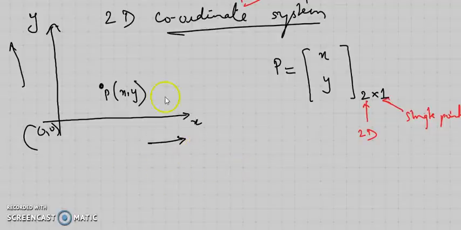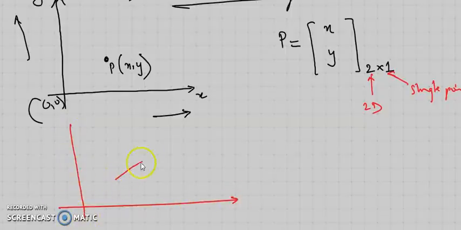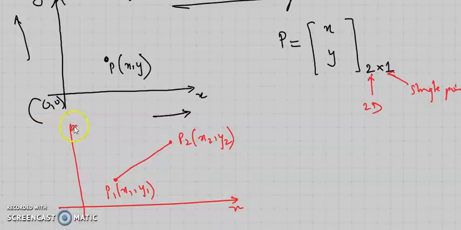Right? So I move a bit ahead, and again I'm going to draw a coordinate system. But now there will be a line with P1 as x1, y1 and P2 as x2, y2. Now how am I going to write this in my matrix format?